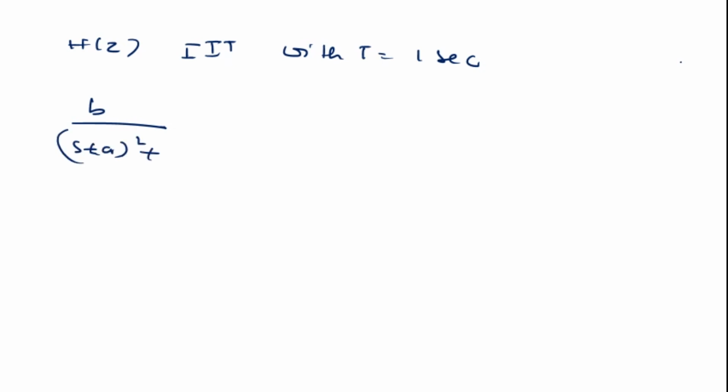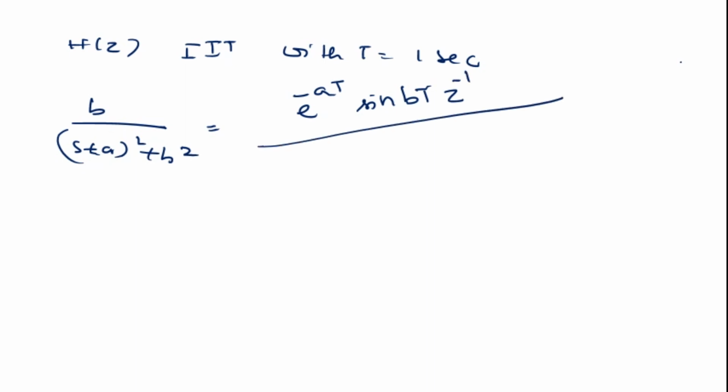We know that the impulse invariant transformation of this is e power minus AT sin BT Z inverse divided by 1 minus 2 into e power minus AT cos BT Z inverse plus e power minus 2AT Z to the power minus 2.